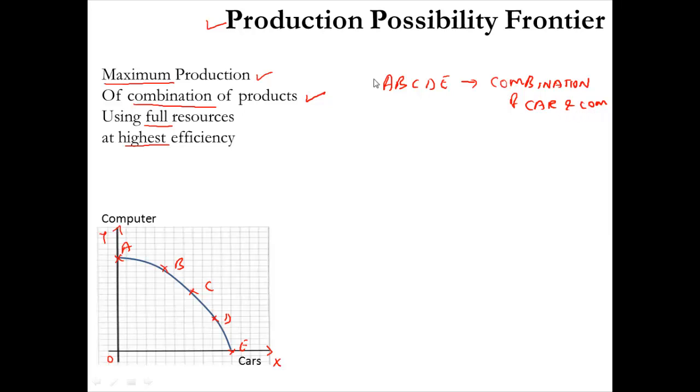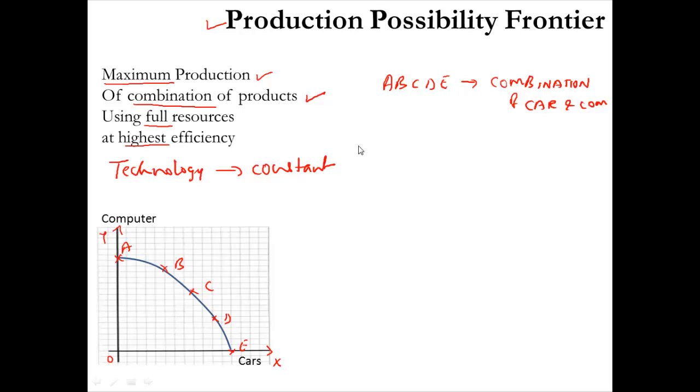And it also represents maximum production of both. It also represents full utilization of resources, absolutely no underemployment, no unemployment of whatever the resources available in the economy, and it stands for the highest efficiency. Only thing not written here is that technology of production is assumed to be constant. Only thing that is not written here.